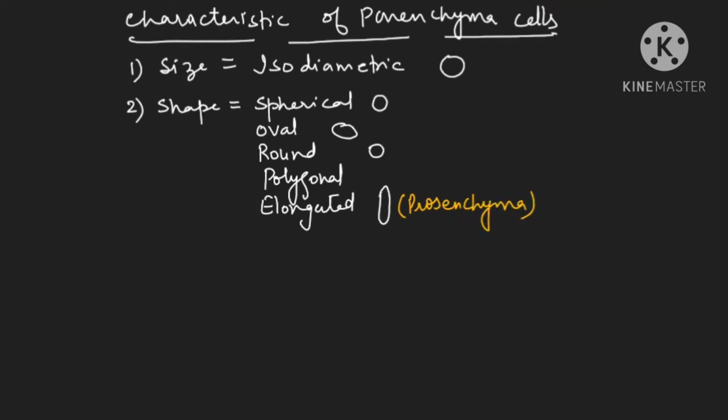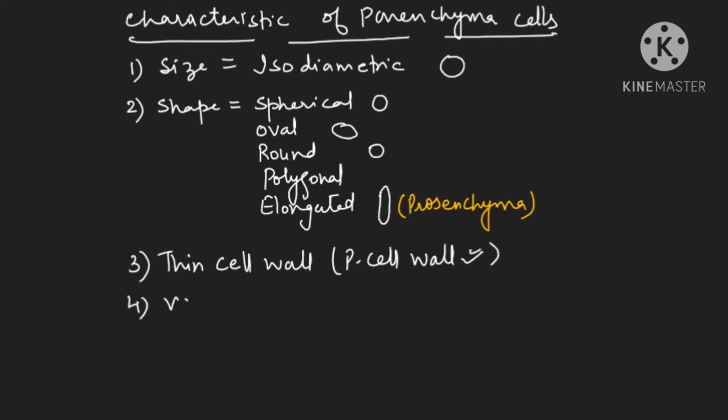Is it clear? And if you see, they have a very thin cell wall. Thin cell wall is present, means only primary cell wall is present, secondary cell wall is absent. Vacuoles are present. Is it clear?